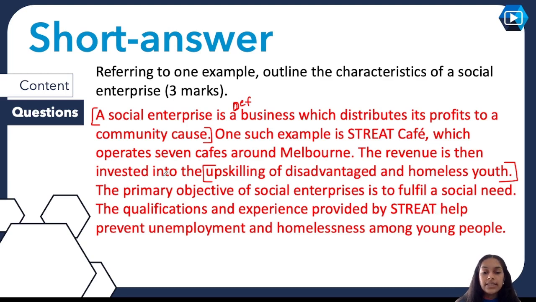The primary objective of social enterprises is to fulfill a social need. So they're reiterating that characteristic, which is to fulfill a social need. That's another characteristic they've talked about.